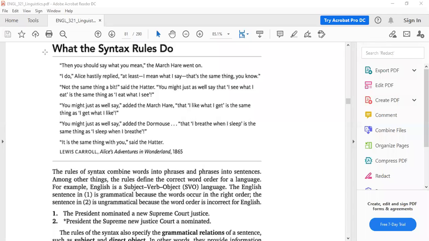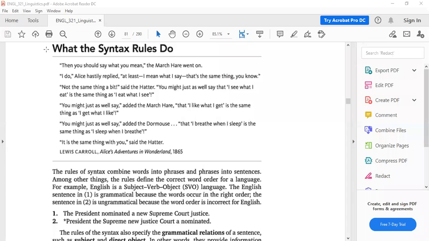Grammar is not equivalent to syntax only. Grammar includes the rules of phonetics, phonology, syntax, semantics, and we said when we add these rules to our mental dictionary, or our lexicon, we get our linguistic knowledge. Now, in this chapter, we will focus on syntax.